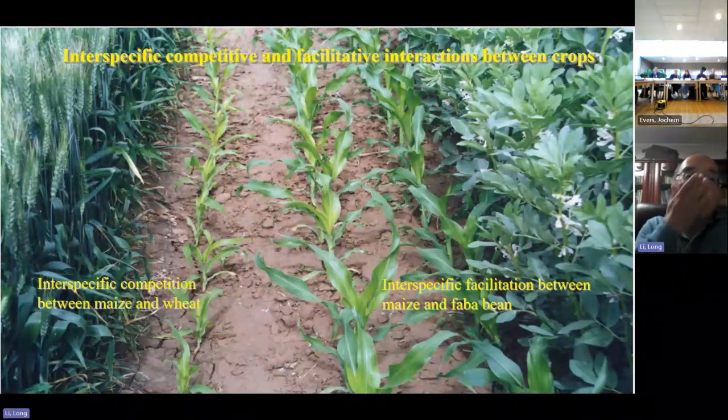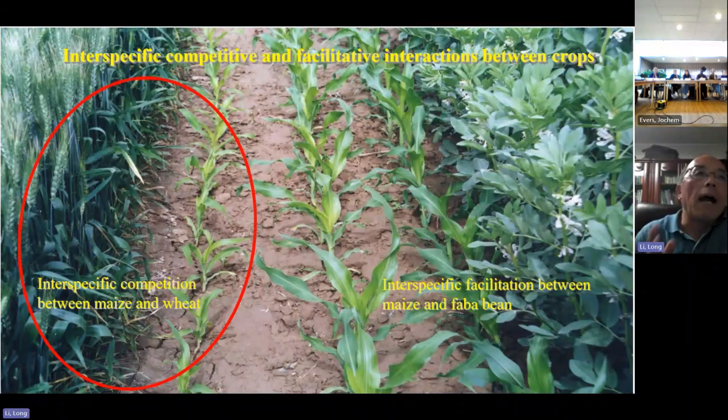Before going to the root interaction, I would like to show you some pictures like this. These are also famous pictures we took in the northwest part of China at our experiment station. We grew maize neighboring wheat, and also grew the same cultivar of maize with faba bean.